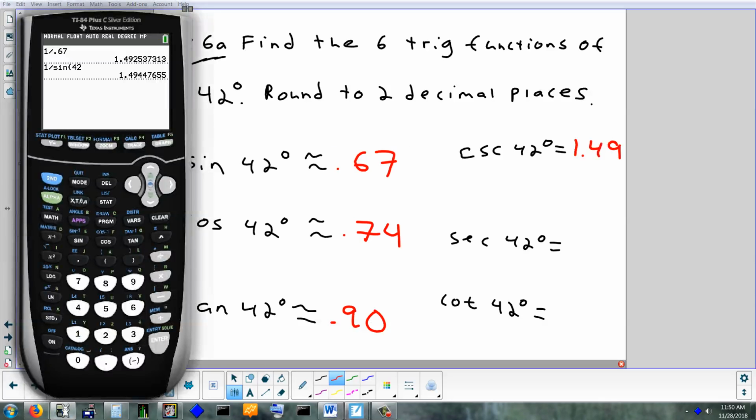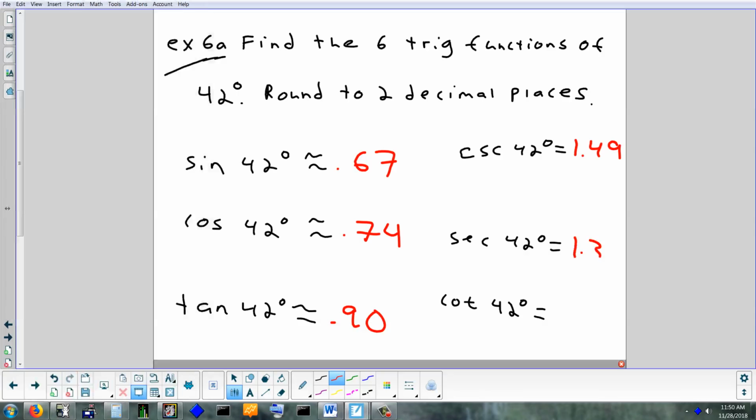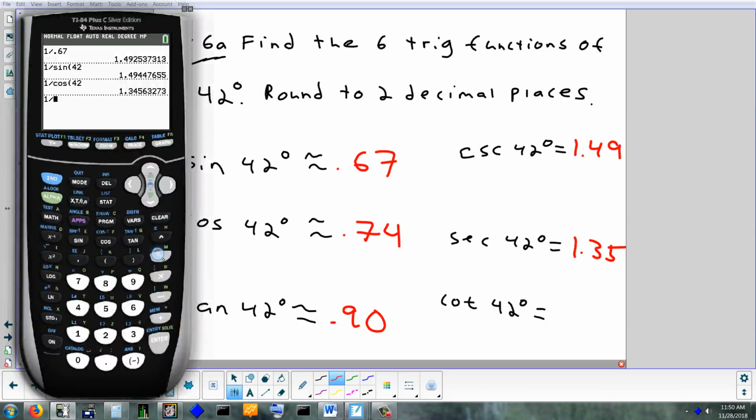In this case, it does come out close, but if you type the original problem in, then you're not using something you rounded. Okay, so now flip the cosine. 1 over the cosine, 1.35. And lastly, flip the tangent. 1 divided by tangent 42, 1.11.